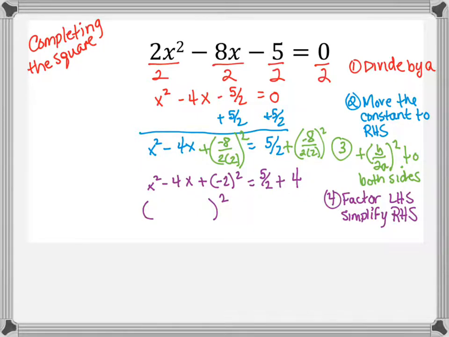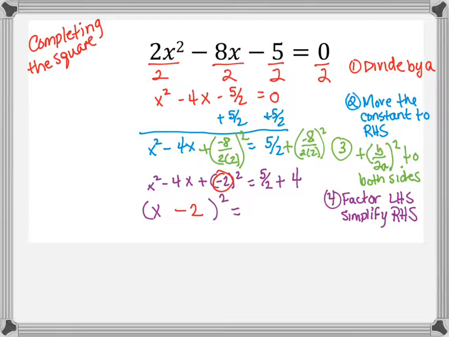My variable, in this case it's x, goes in my parentheses. And that term that I have that's squared, that -2, is going to go in the parentheses. So that left-hand side factors to (x - 2) squared. And you can do that every single time, whatever values are in those positions.